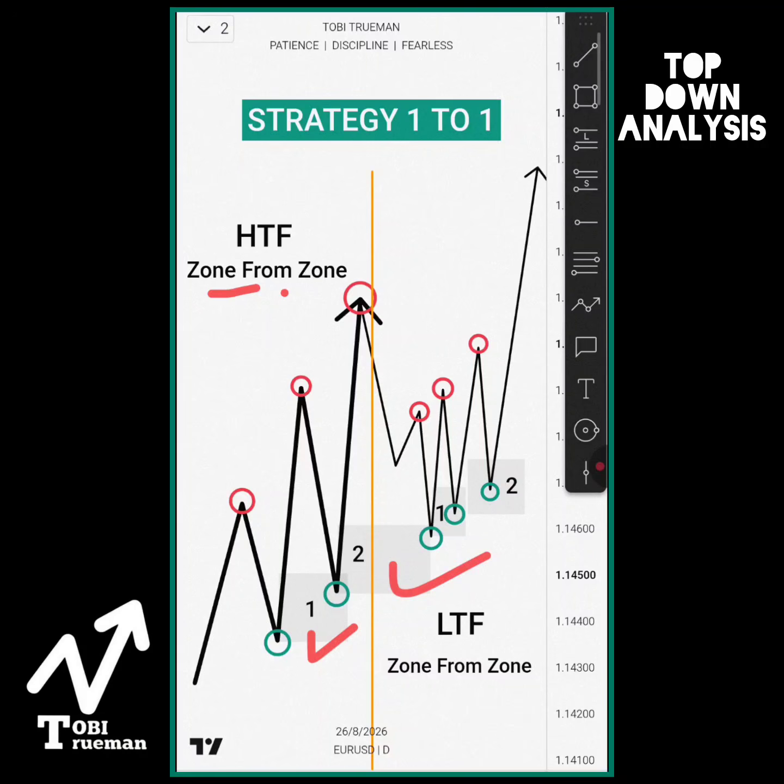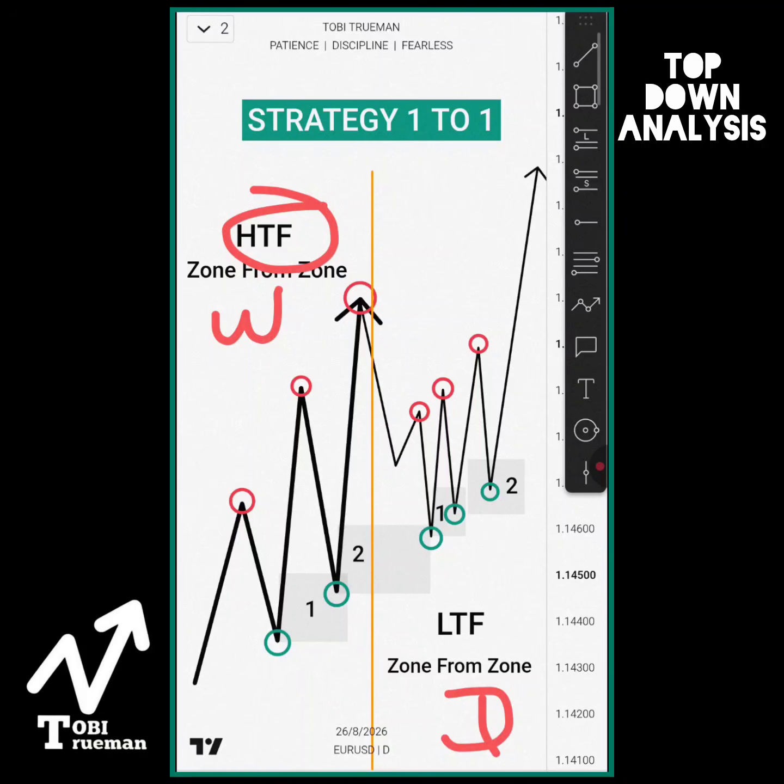1 from zone 2. And now if this is the higher time frame, then we'll now go to the lower time frame. Let's say this is the weekly, and then this is the daily on the right hand side.